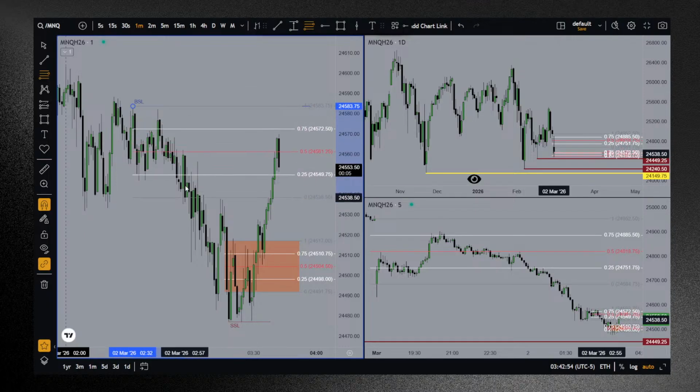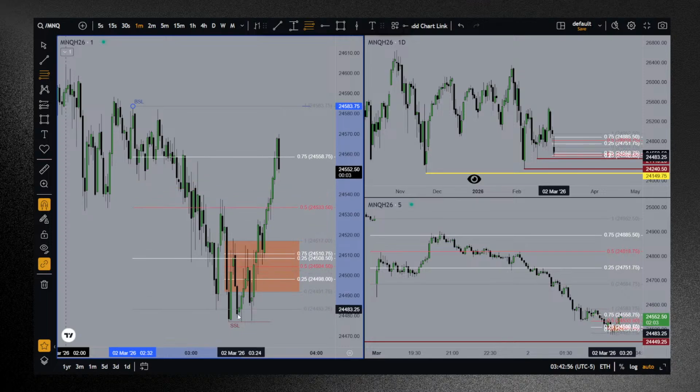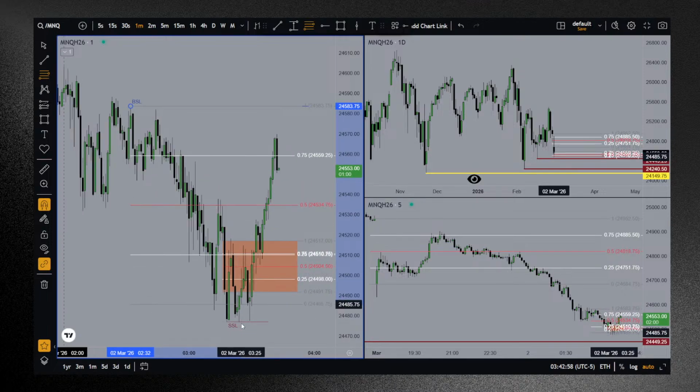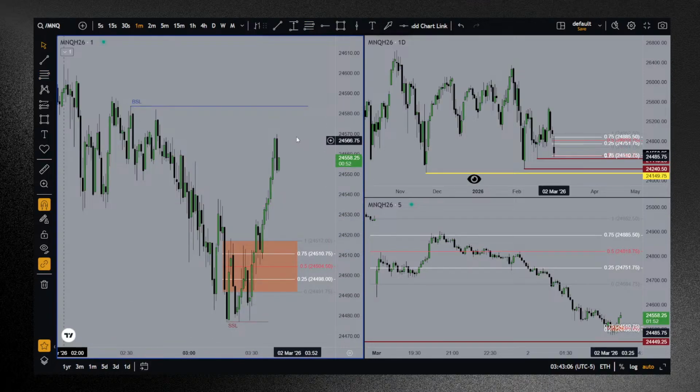So yeah, if we measure from the high to the low, we went above the 75% of this entire range, right? So if it were to fail and not clear the buy side, it would need to do it here and react aggressively, which, because it's higher time frame bearish, could always happen, right?